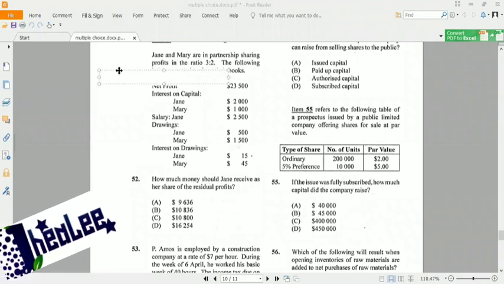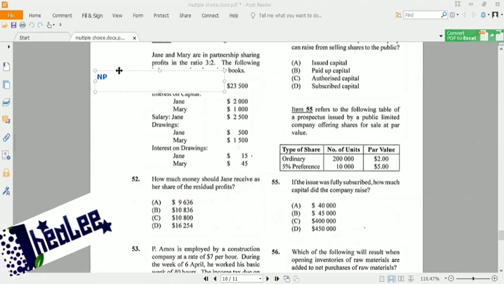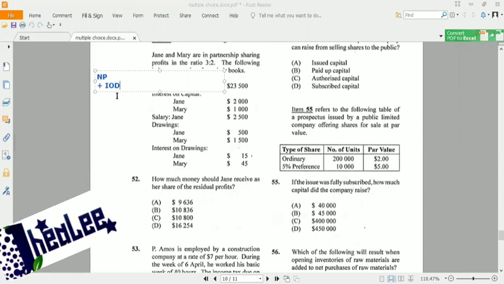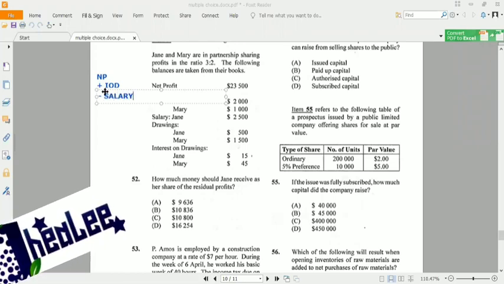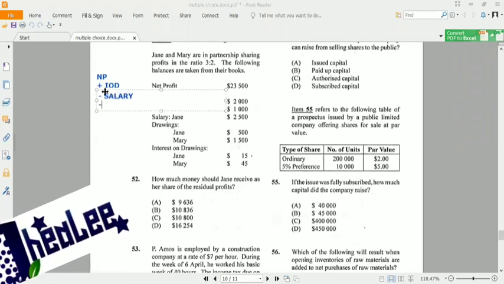So remember, it is net profit, add interest on drawings, less salary, less interest on capital.